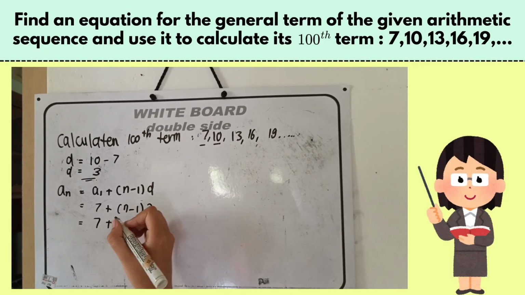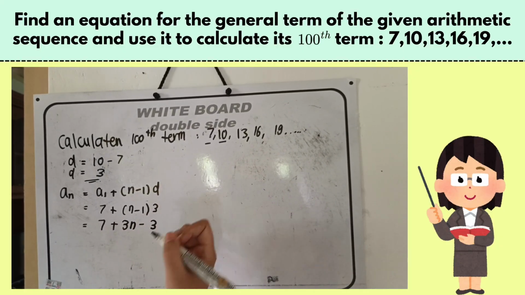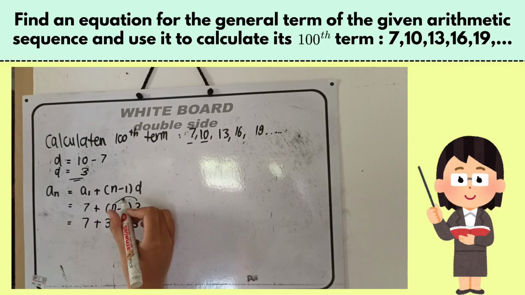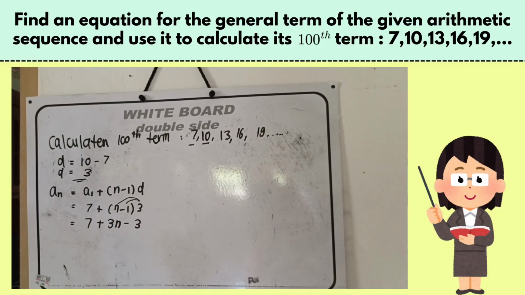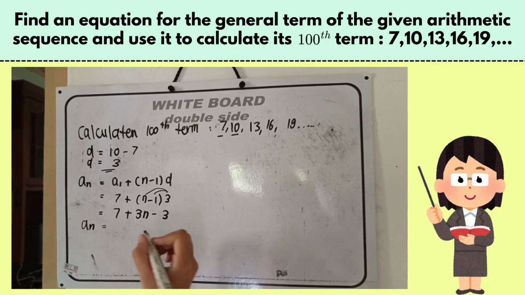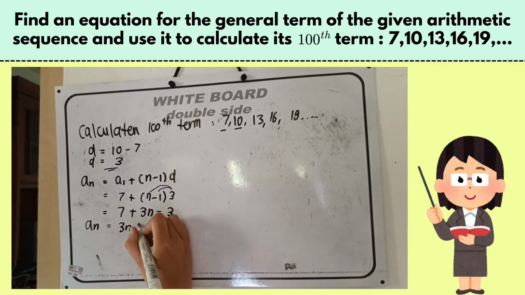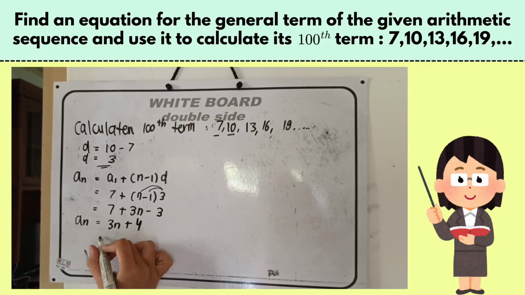So 7 plus 3n minus 3, just multiplying out the brackets. And a sub n is equal to 3n plus 4. Look.